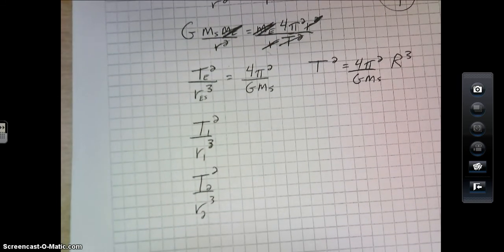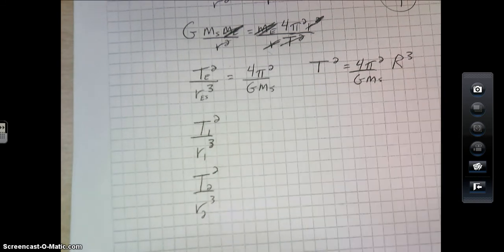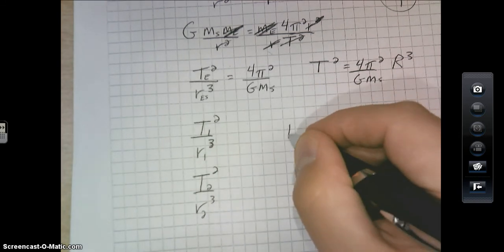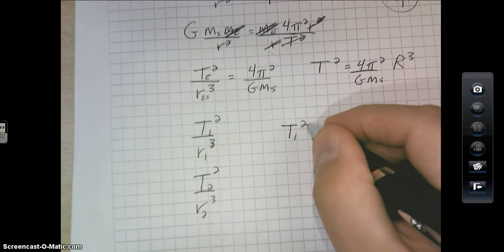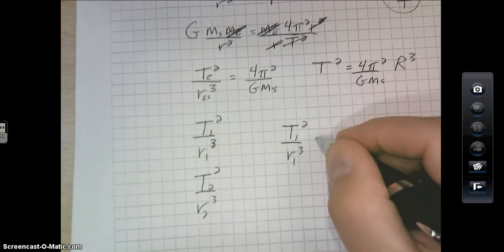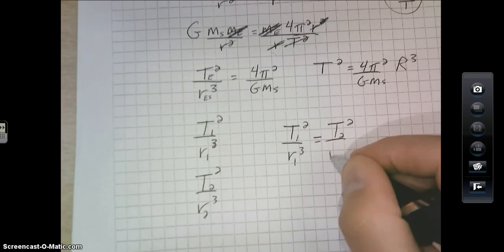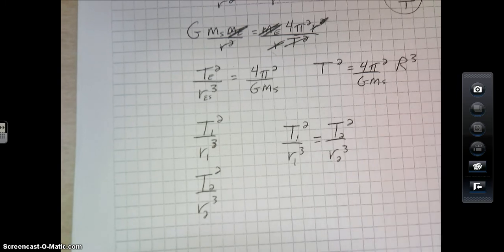If these two objects share this, if they both equal that value, then I can say that T1 squared over r1 cubed equals T2 squared over r2 cubed.